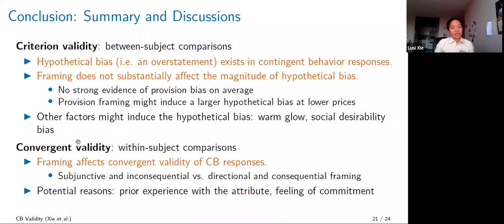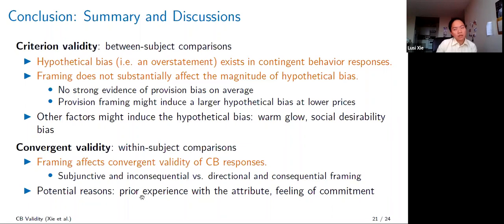And for convergent validity, we find that framing does affect the convergent validity of CB responses versus RP responses. So the directional and consequential framing, the T2, would help improve the convergent validity as opposed to the subjunctive and inconsequential framing in T1. A potential reason is the prior experience with the attributes.